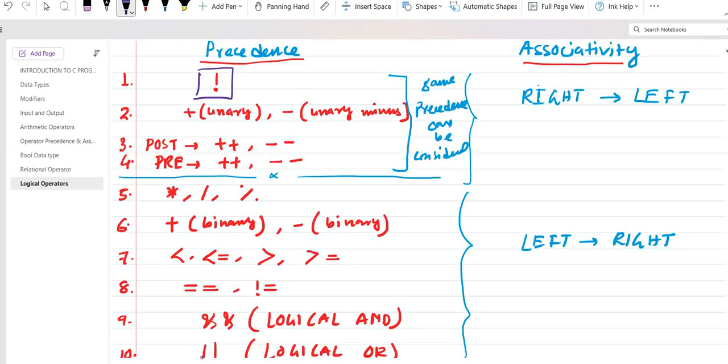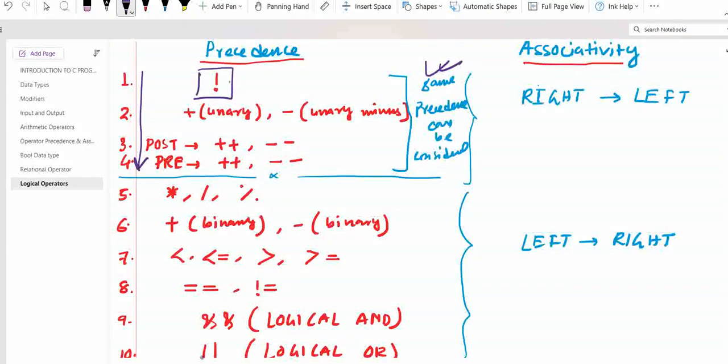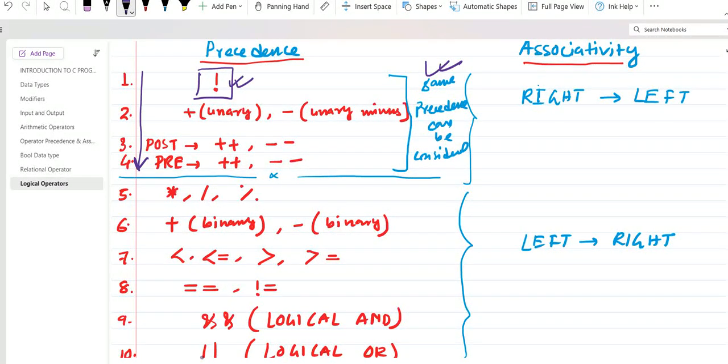You can consider all these unary operators at the same precedence as of now, because they execute individually and only affect their individual part, not the complete expression. So you can mark them at the same precedence, or follow this particular order, and you get the same result. Logical not is at the top of the table, and like other unary operators, it follows right to left associativity.